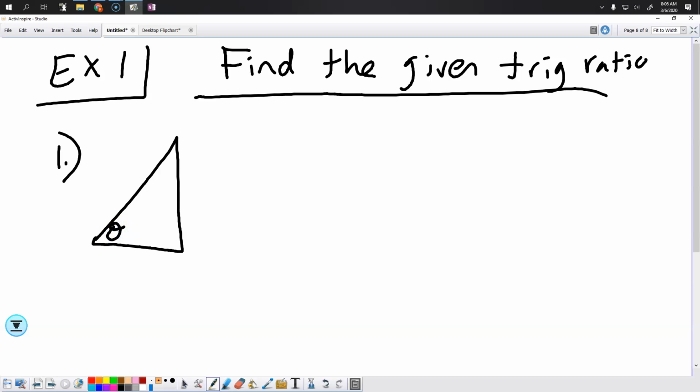That's theta. That's our symbol for angles, right? I guess we'll start off with one of the easier ones first.